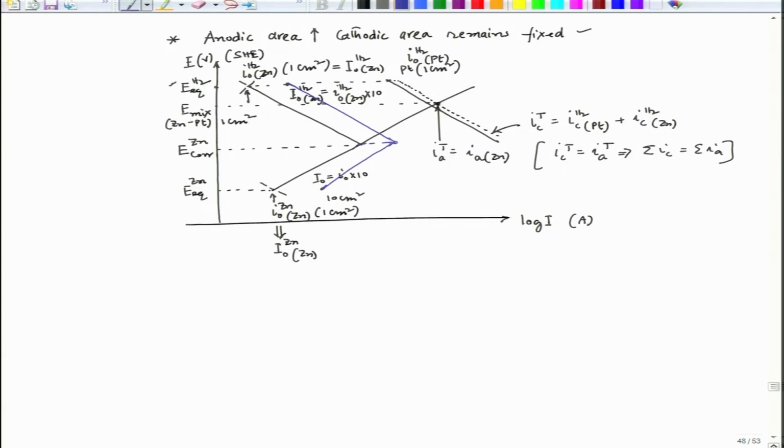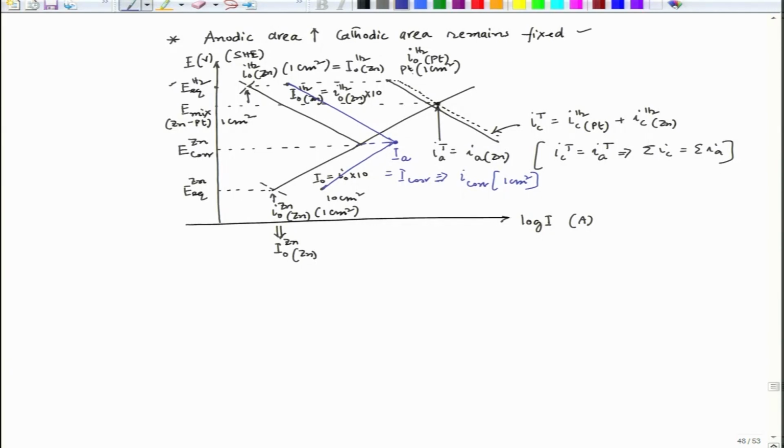But remember, this becomes my Ia equal to I corr, and it will also be equivalent to I corr when it is 1 centimeter square area, because we are only changing both the I0s in a multiplied manner.